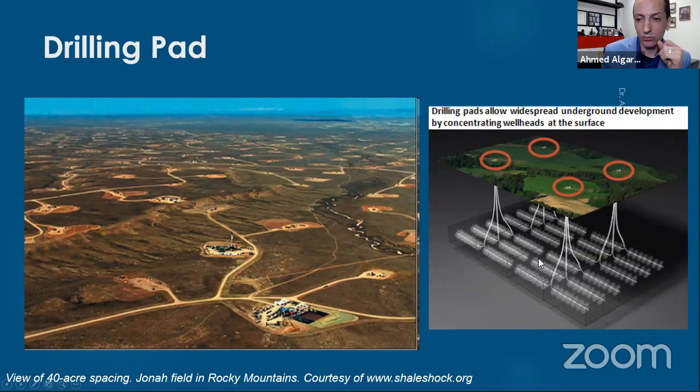Why is this good for drilling? You can use only one rig and you can rotate. When we drill, we drill the surface part first, then we go for the intermediate, then we go for the lateral, right? So I can drill the surface part of the first well, then I can move the rig, push the rig, walk the rig.